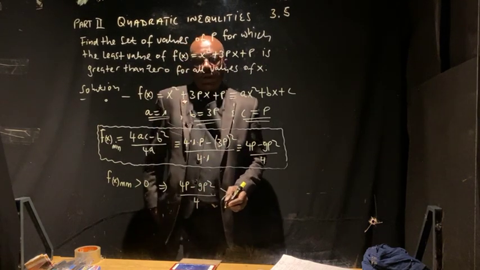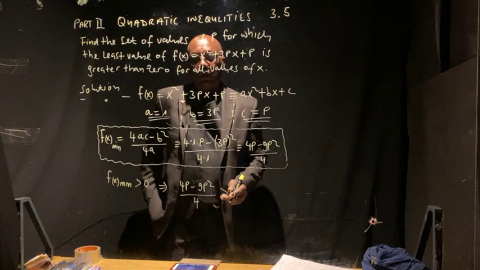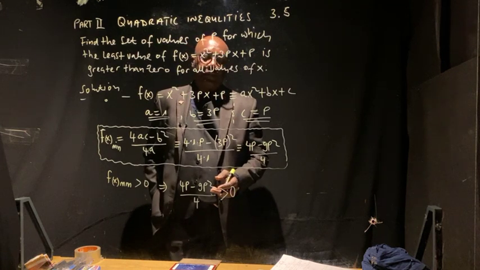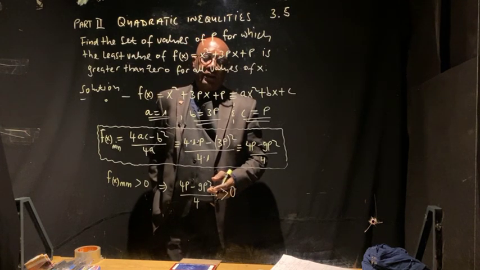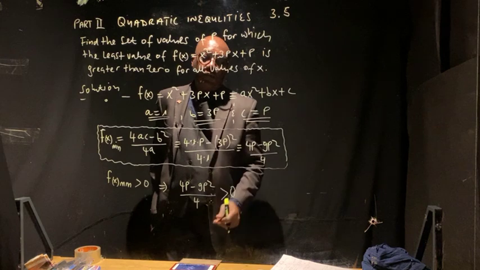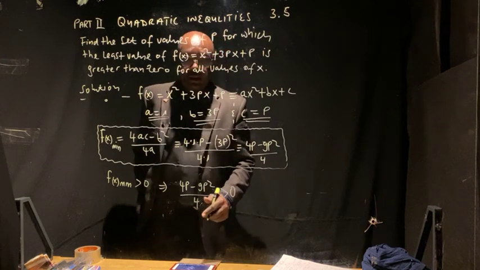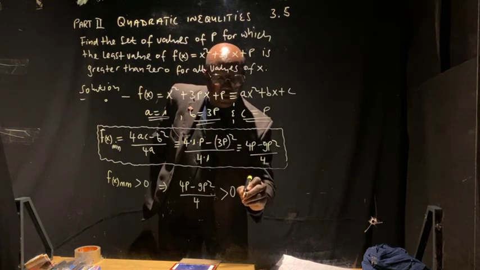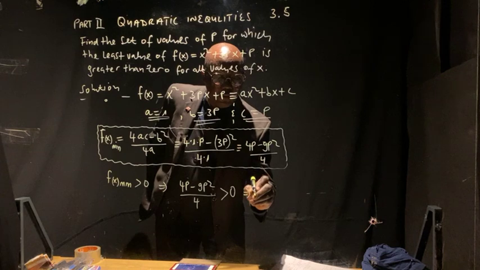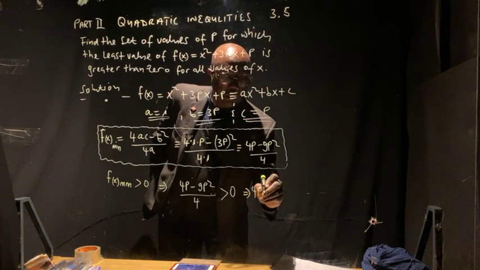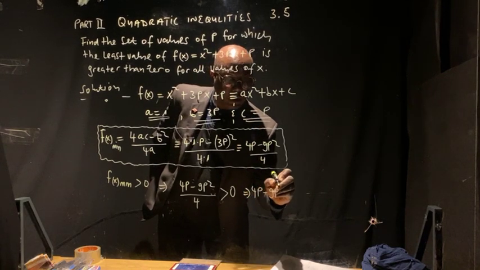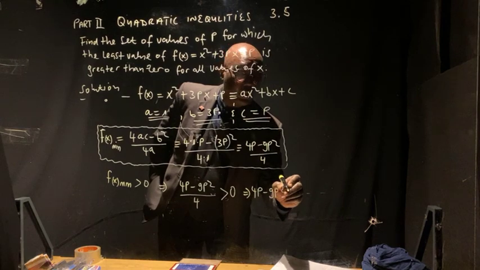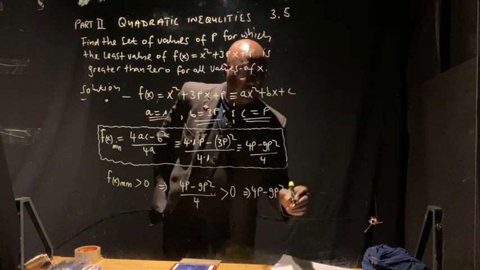If we multiply through by 4, it will yield 4p minus 9p squared is greater than 0.